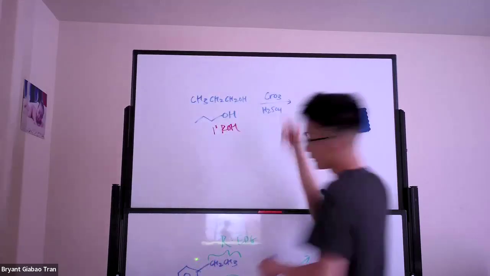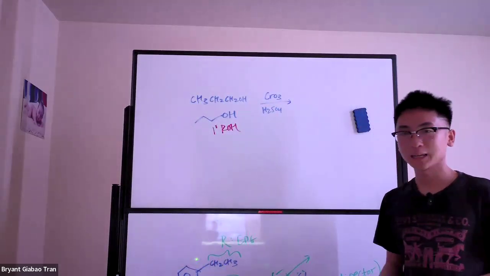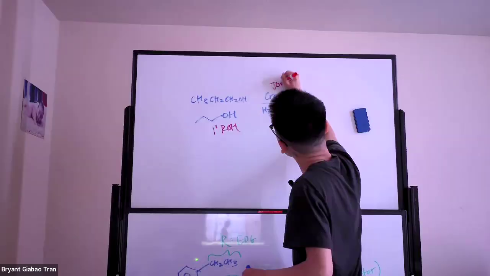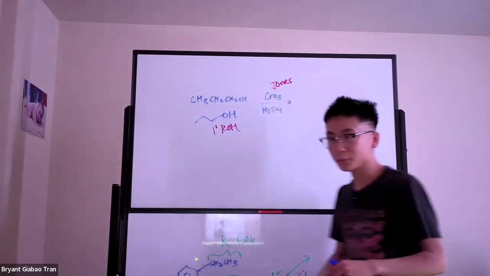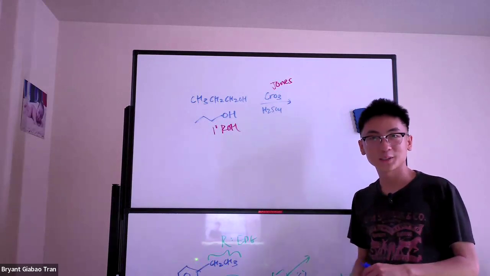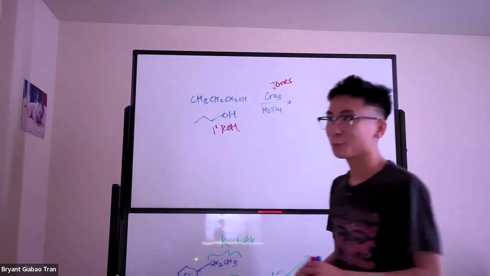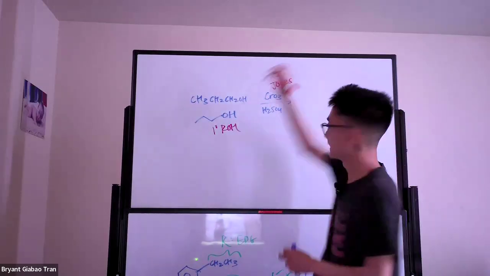And what is this reagent here? Chromium oxide and H2SO4. Jones reagent, right? Is that an oxidizing reagent, reducing reagent, base, acid, nucleophile, electrophile, or solvent? Oxidizing agent, right? Is it a strong or weak oxidizing agent? Strong.